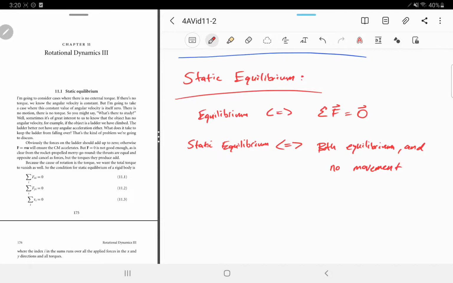Something interesting about equilibrium, without the word static, is that an object can be moving. We use the word equilibrium even though the thing is moving at constant velocity. The way you've probably used the word equilibrium outside of physics is the same thing as static equilibrium. So this is more what you're used to when you hear the word equilibrium.